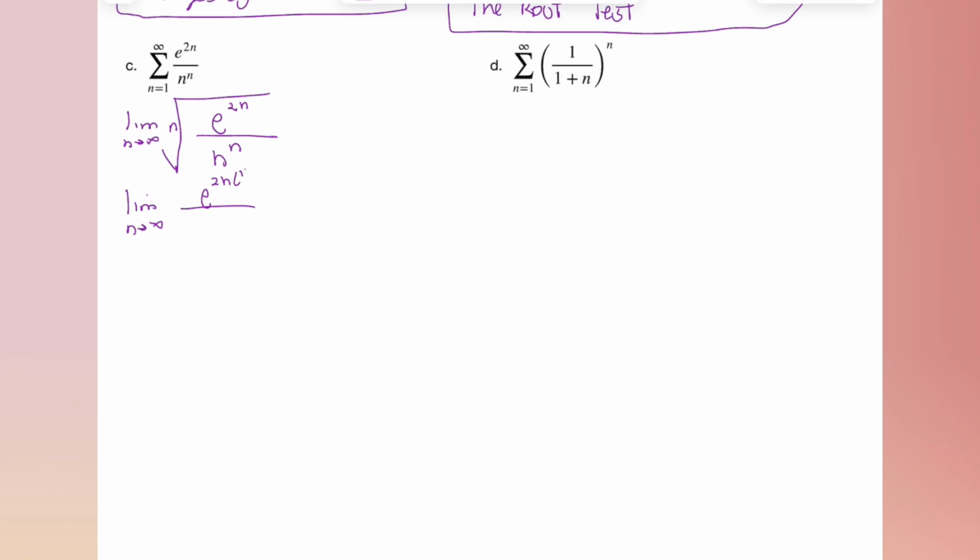So we've got e to the 2n raised to the 1 over n power, and then n divided by n as our denominator. And then simplifying that exponent, we get e squared over n. So we've got a constant on top and an infinity on bottom. So that limit goes to 0, which is less than 1. And so by our root test, our conclusion is this series converges absolutely.